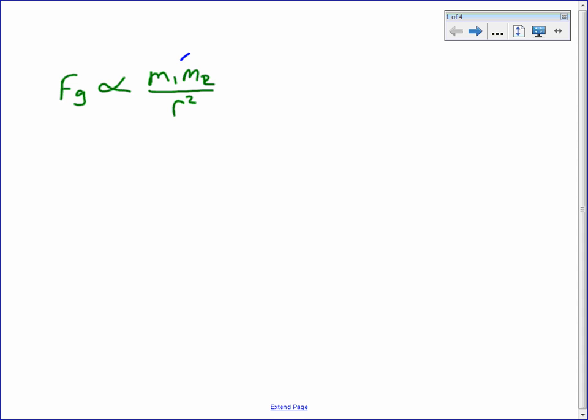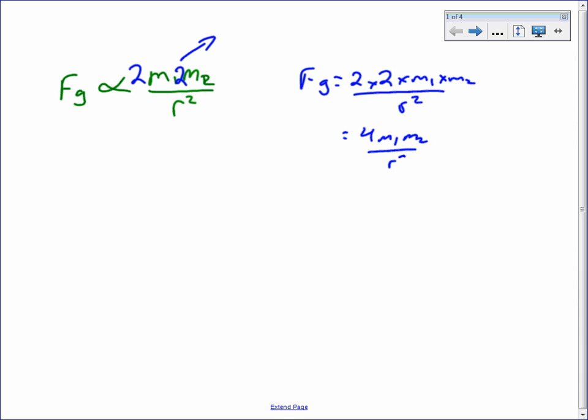If you double M1, you're going to double Fg, because you're going to end up with a 2 out in front. If you double M2, then you're going to double Fg again, because you end up with a 2 out front. So if you double each of these masses, you're going to get Fg equals 2 times 2 times M1 times M2 over r squared, which is going to be 4 M1 M2 over r squared, which is, lo and behold, 4 times the original Fg.